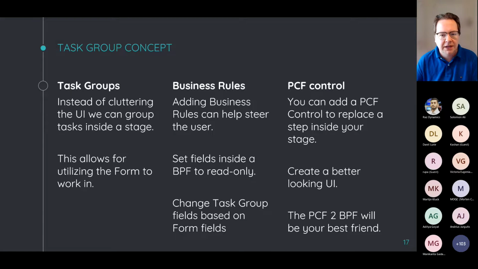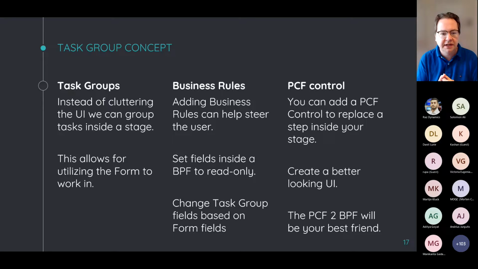So to quickly recap what we've just seen, we talked about the task group concept. Instead of cluttering the user interface with a lot of fields that are required inside your business process flow stage, you can now use this concept to only have a yes/no field for certain tasks people have to do, so enter basic information and actually utilize the form where you want to work in.